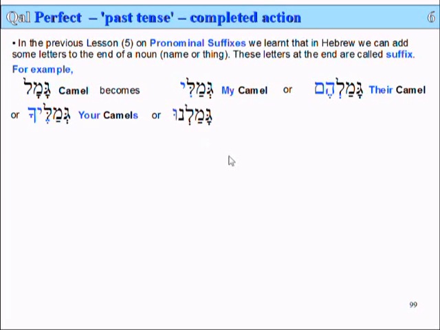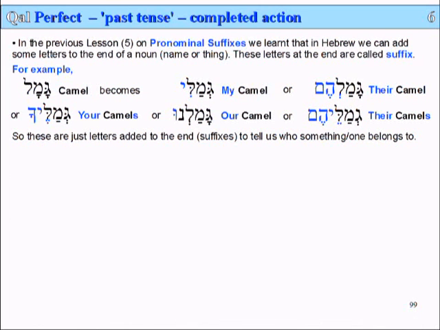Or gamalnu, our camel, just by adding the nun and the vav, gamalnu. Or gamalehim, their camels. So this is just a bit of revision, if you like, of pronominal suffixes covered in Lesson 5.